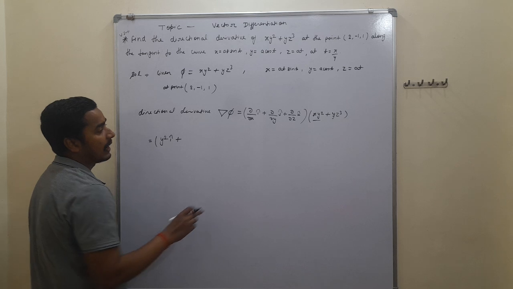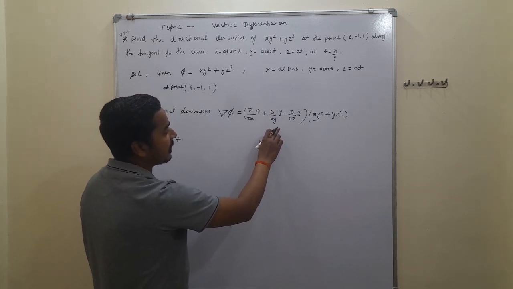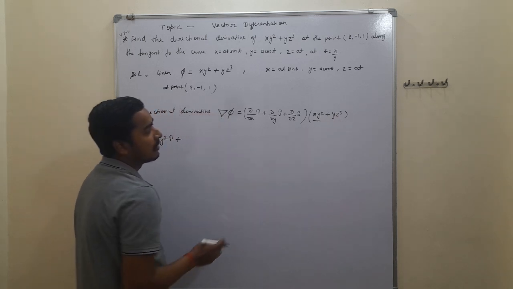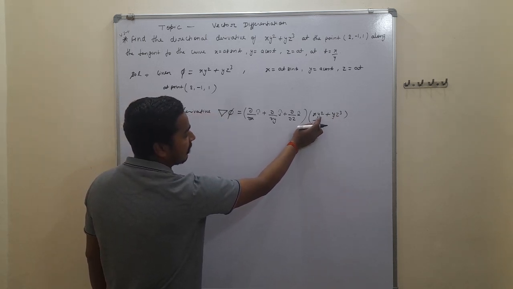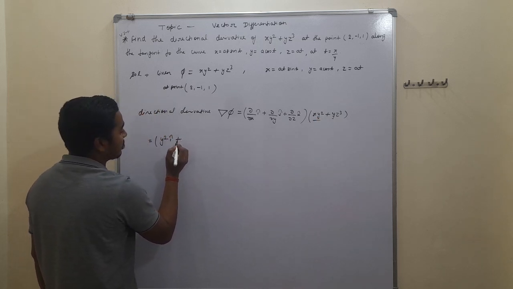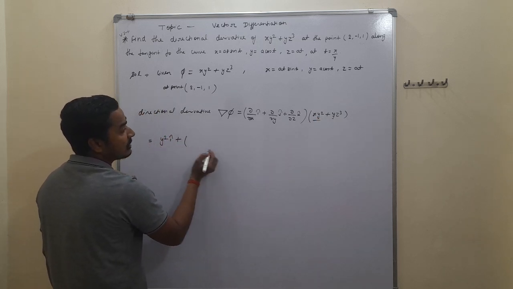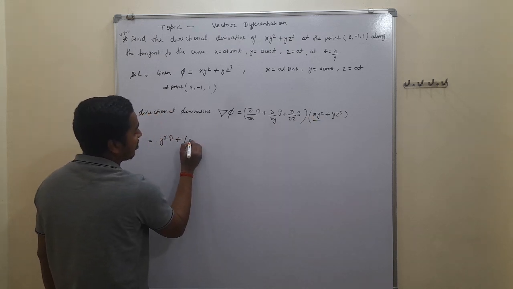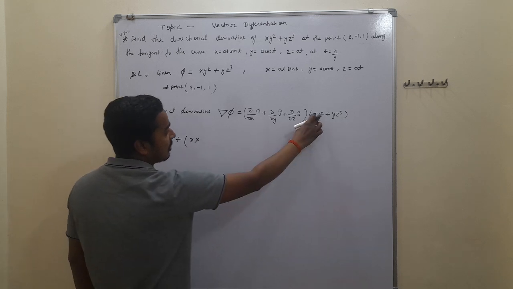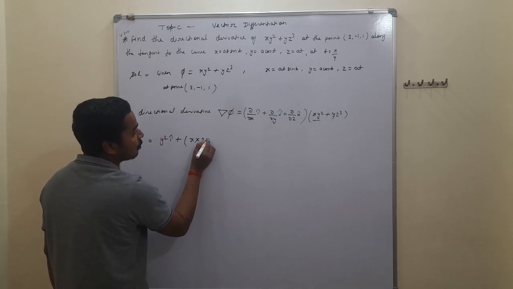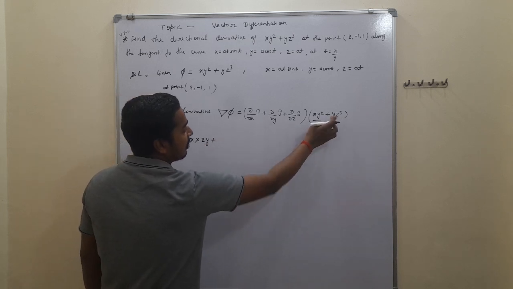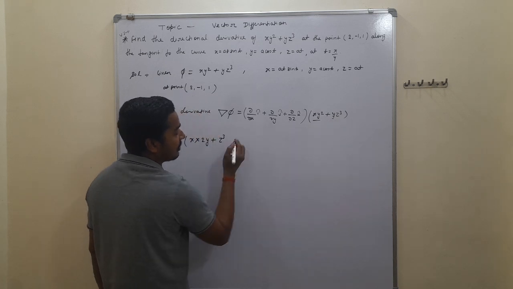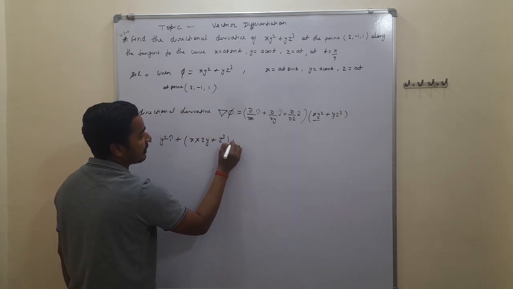Plus ∂/∂y j cap: both terms contain y. Differentiating xy² with respect to y, taking x as constant, gives 2xy, plus z³ is constant and y differentiated gives 1, so z³ j cap.